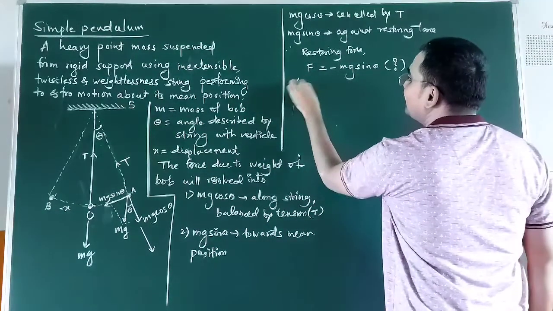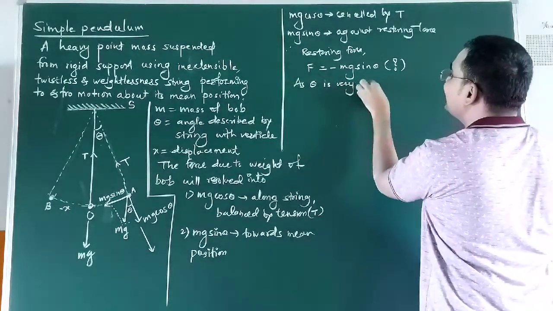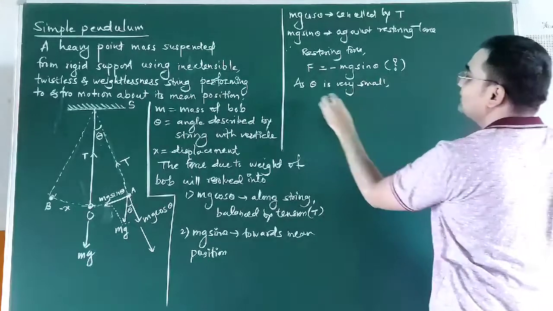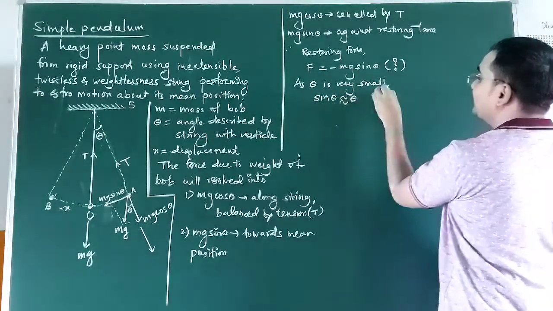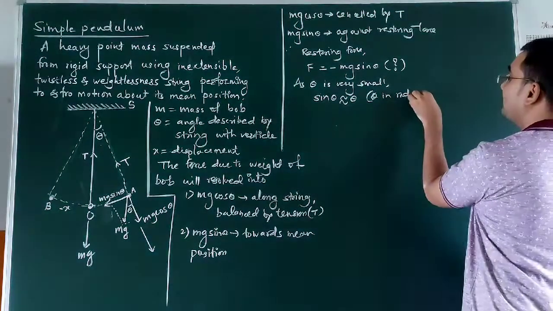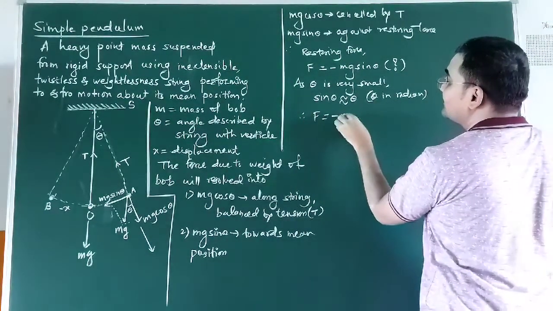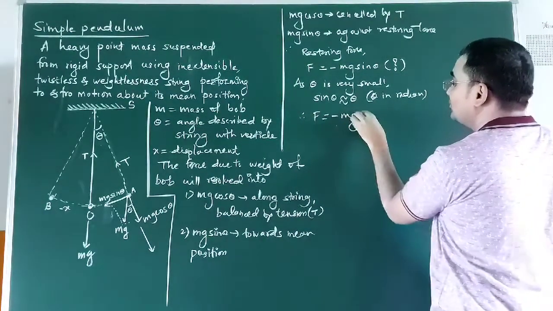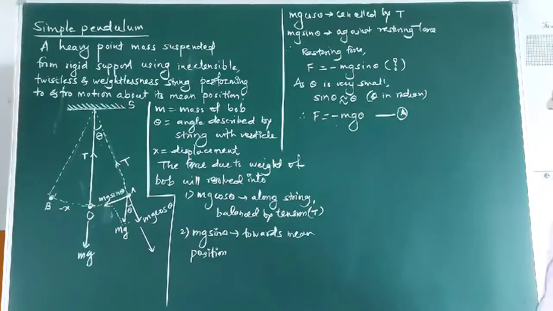So again I am saying that as theta is very small, say less than 10 degrees, then sin theta, as you know, is approximately equal to theta, but theta should be in radians. So this equation can be replaced as F equal to minus m into g into theta. This is one of the important equations we have obtained here.